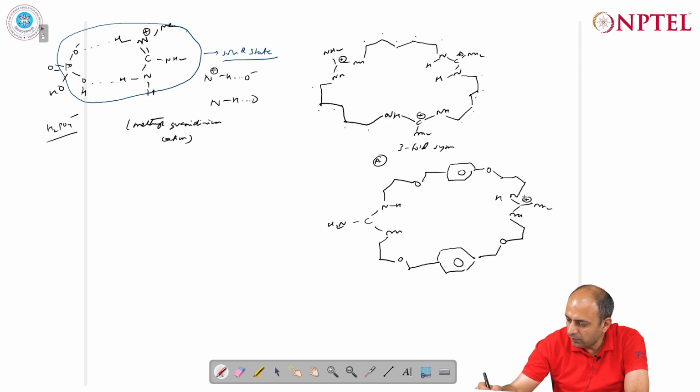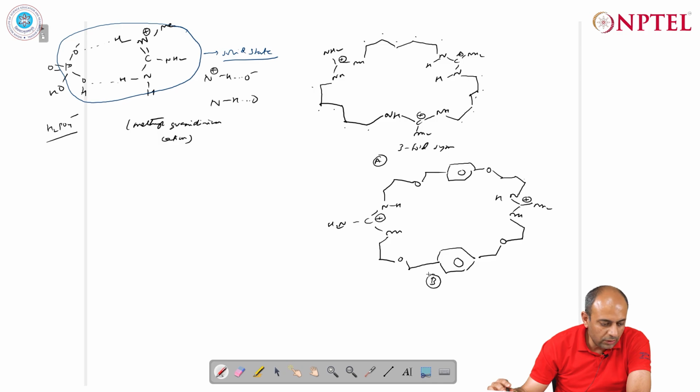And then we have the positive charge here, and the positive charge here. So this is host B. Both these hosts were synthesized, and as you can see, there is a lot of hydrophobic content in this, but they also have a lot of polar content.